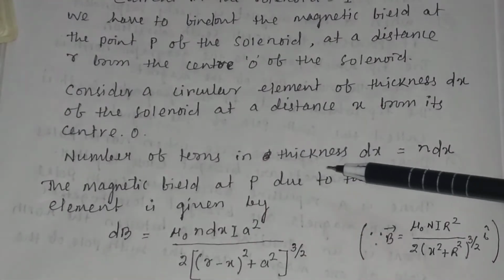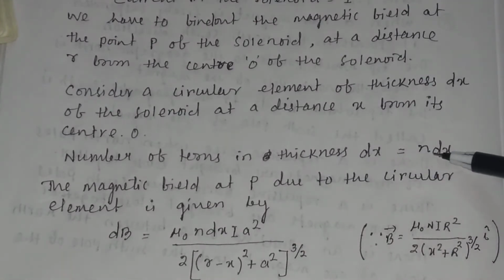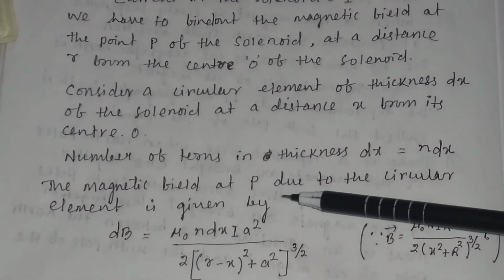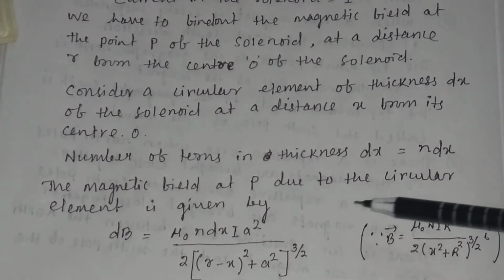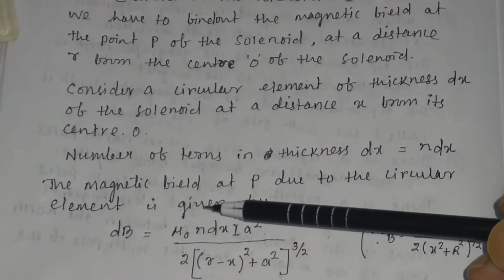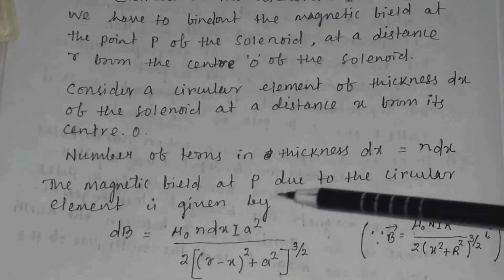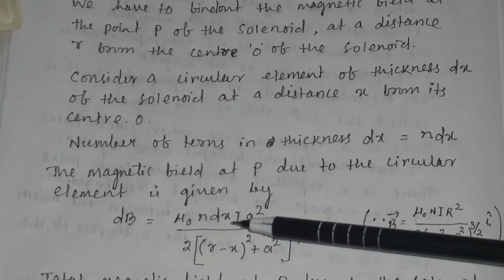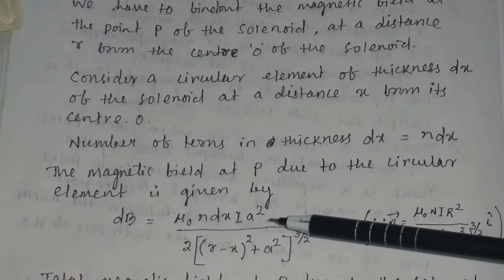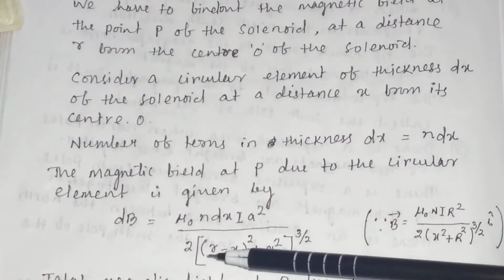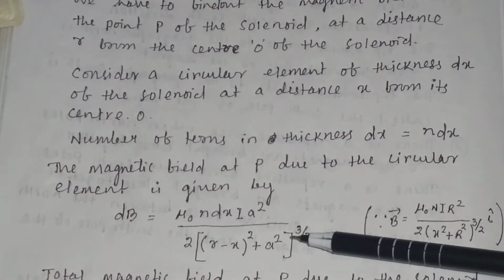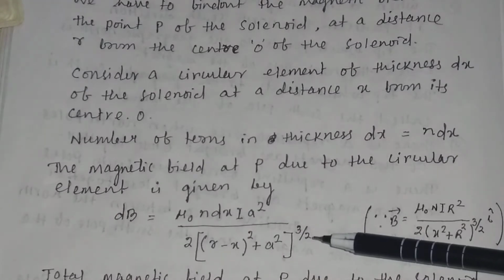So the number of turns in this thickness dx is equal to n dx, and the magnetic field at P due to the circular element of thickness dx is given by dB equal to mu 0 n dx I a square divided by 2 into (r minus x) whole square plus a square whole to the power 3 by 2.